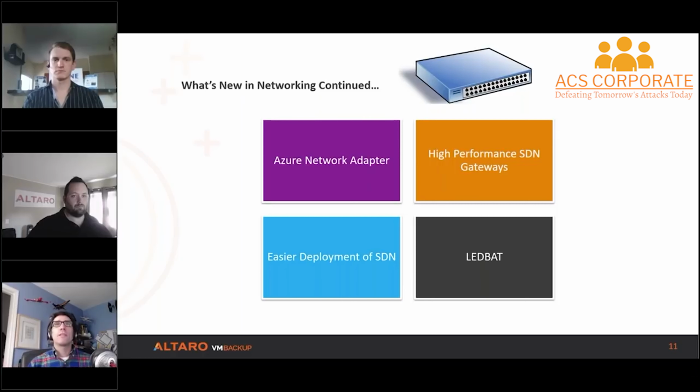It's all PowerShell related, on top of doing the other stuff on the Azure side. This is much easier for bringing that on-premise environment to the cloud, or connecting on-premise to the cloud. Then you have the easier deployment of SDN.